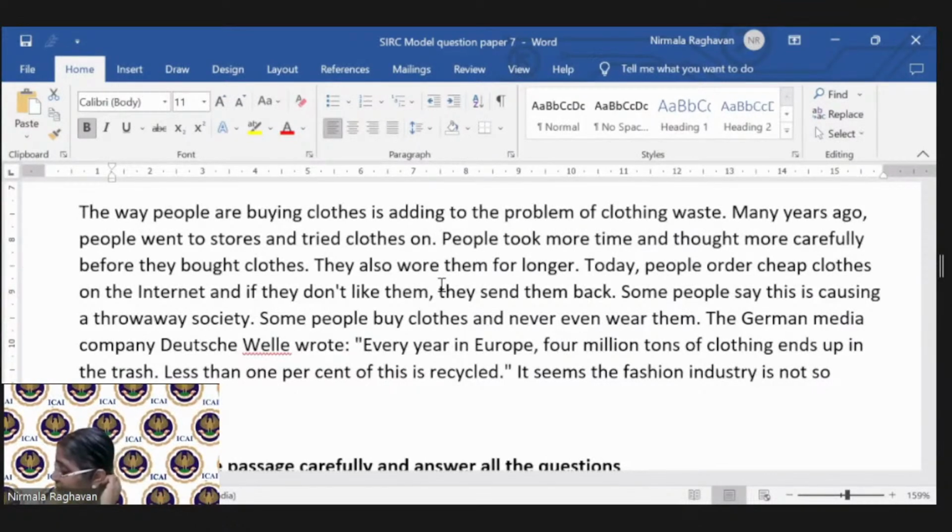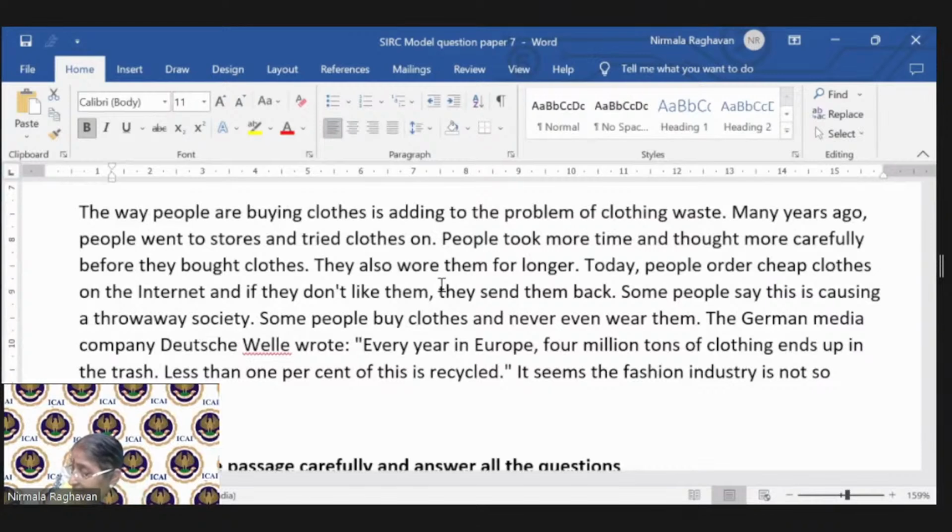So this is a question that will help you think. You cannot pick the answer straight from the passage for this. Why is the fashion industry not sustainable? Not only in Europe, it's all over the world, right?